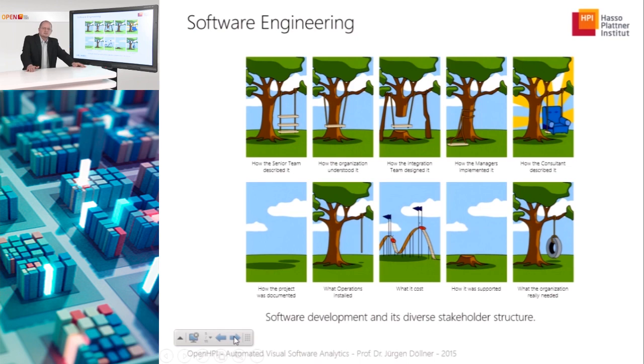So this cartoon basically illustrates that the development of complex software systems is faced by different perspectives of different groups of stakeholders. As it is a very complex situation, software engineering has no simple answers to these issues. However, we will see how we can at least approach software effectiveness by using analytics.